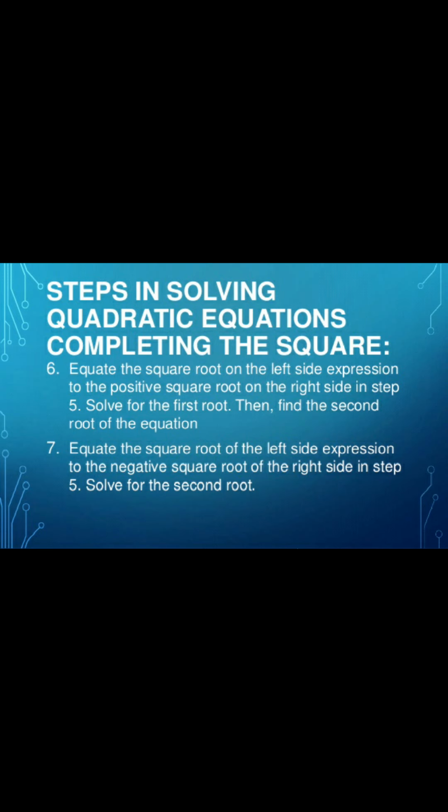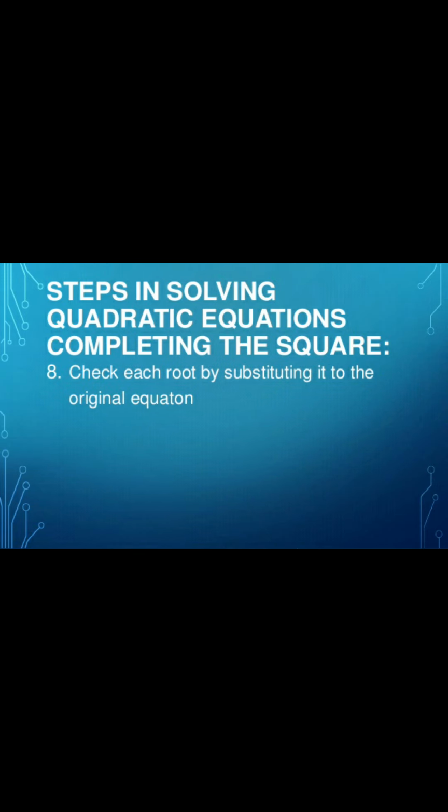It means you have plus or minus two roots on the right side. So for the first root you take the positive sign and for the second root you take the negative sign. And the last step is to check each root by substituting it into the original equation. You can check it by putting the values of these roots in the equation.